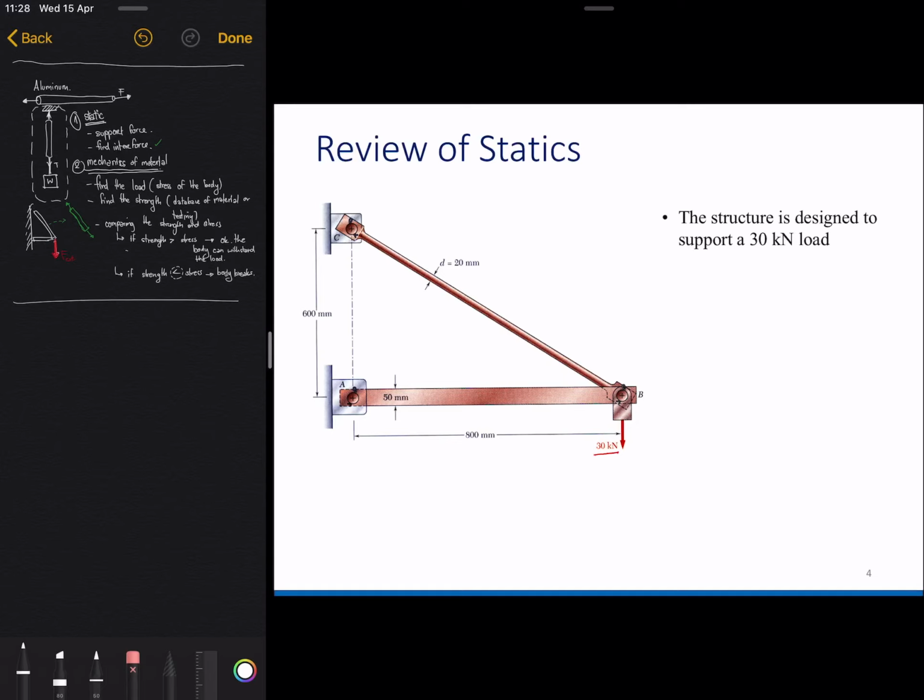So this is the actual problem. For example, you design this kind of thing, I write it in 3D, and then you hang some load, for example, 30 kilonewtons. So here's the real problem.